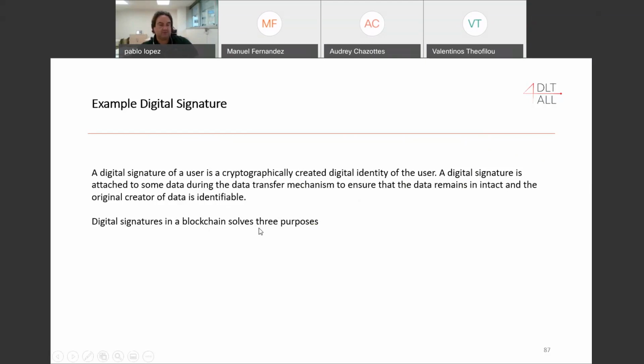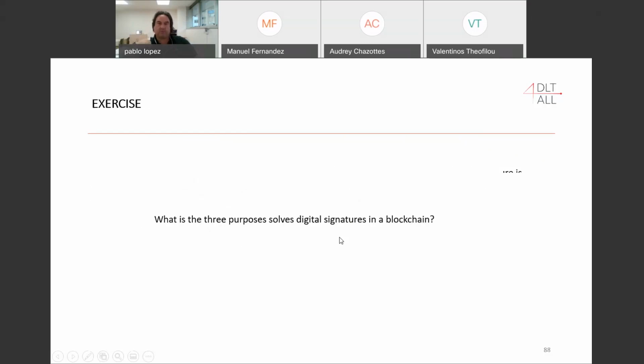A digital signature in a blockchain solves three purposes. What are the three purposes solved by digital signatures in a blockchain? Let's see.